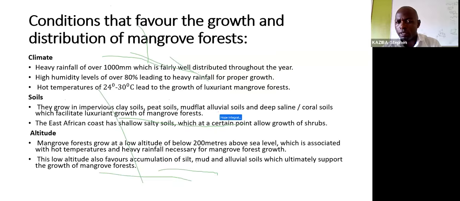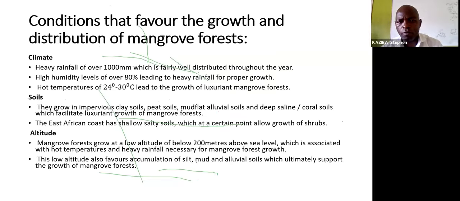Rainfall of over 1,500 millimeters, which is fairly distributed, favors the growth of evergreen mangrove tree species. High humidity of over 80%, leading to heavy rainfall for proper growth of trees that are evergreen throughout the year.